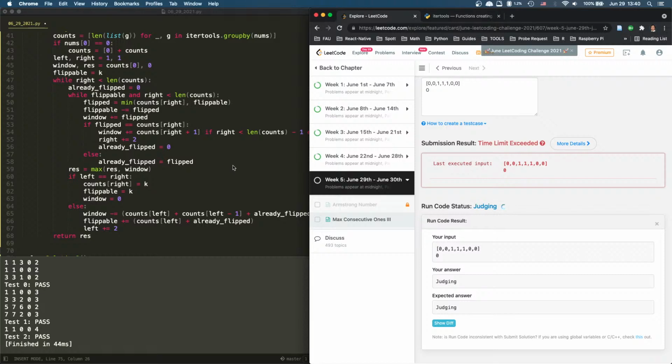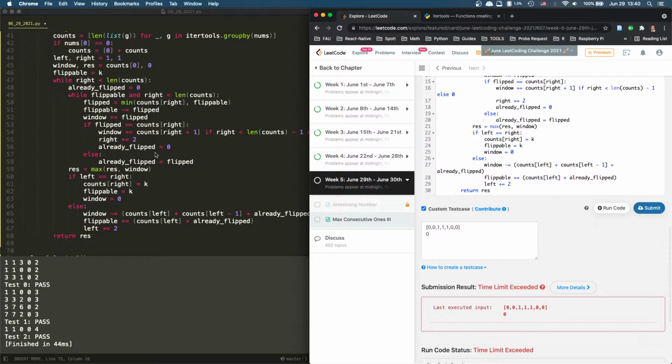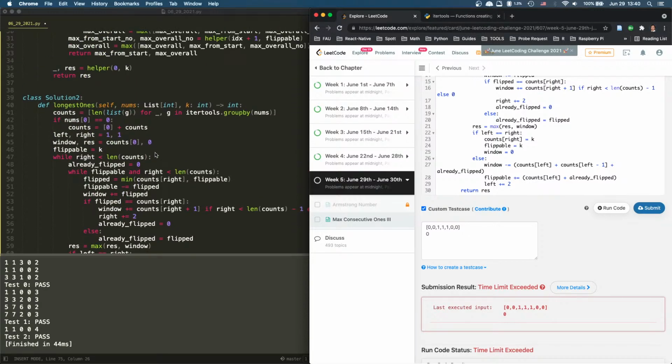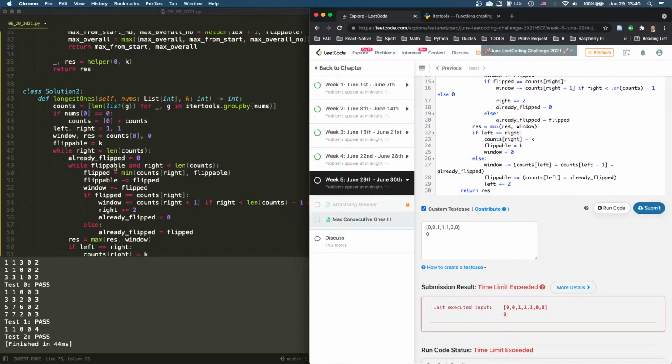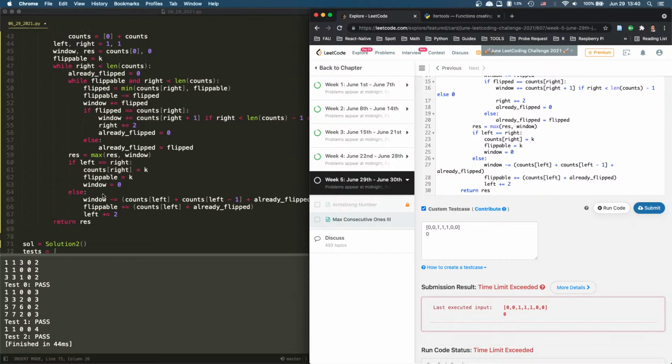So it can be 0, 1, 0. 2, 3, 2 when the left and right start here, and K is 0. Oh, K is 0. If K is 0, oh, then this one is never done.